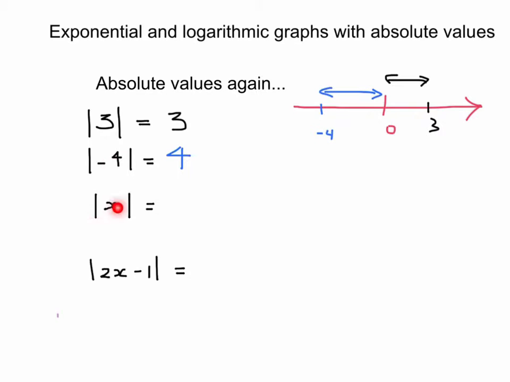So when we have funny things like x's, what you end up saying is there will be two cases. If x was already positive, like the 3, then you keep it as the same thing as the x, provided that x is positive. Remember, 3 was positive, so you kept it the same. So x is positive, keep it the same.